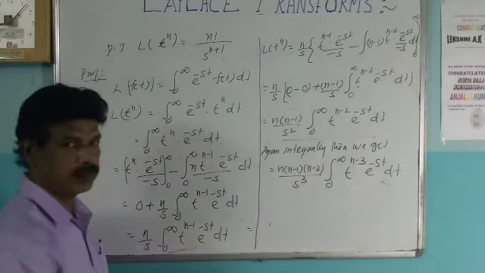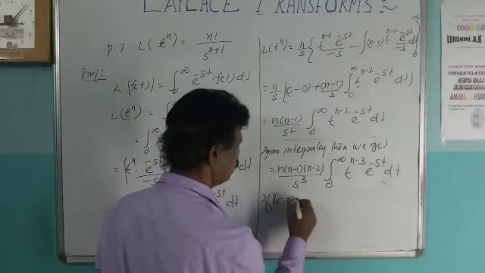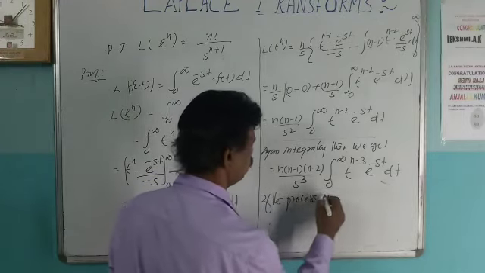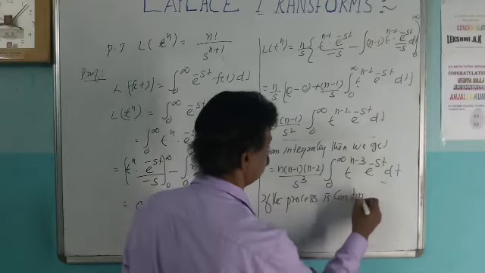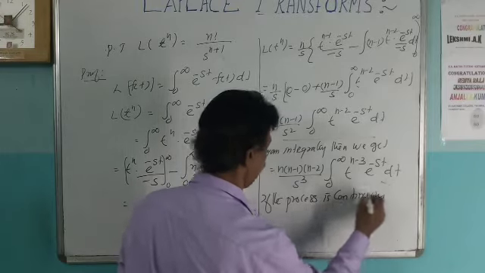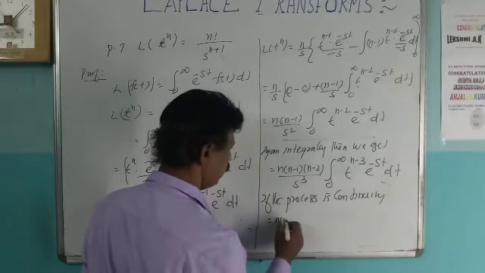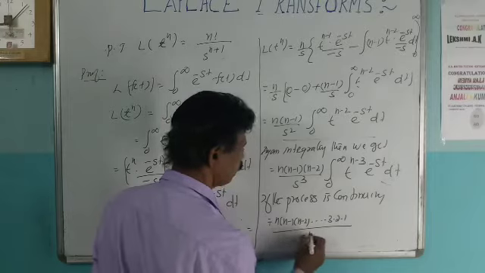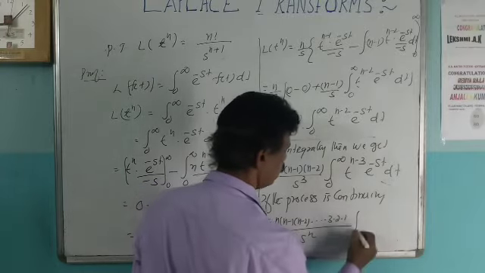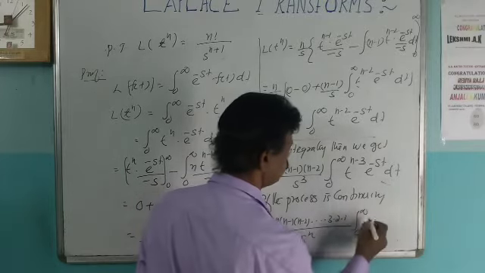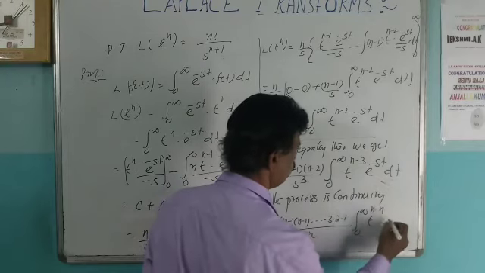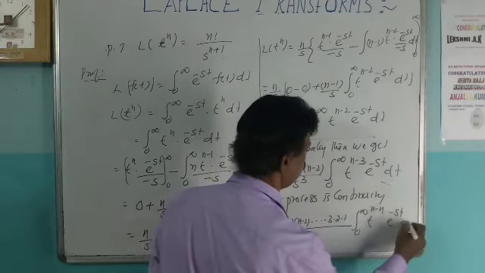If the process is continuing, then we can write n into n minus 1, n minus 2, etc., 3 into 2 into 1 by s raised to n, integral 0 to infinity, this t raised to n minus n, e raised to minus st dt.